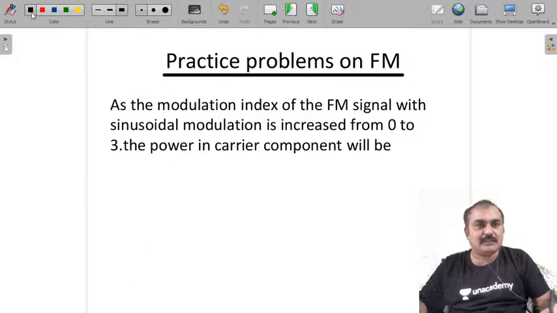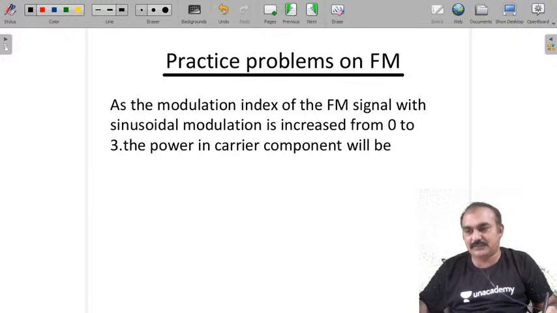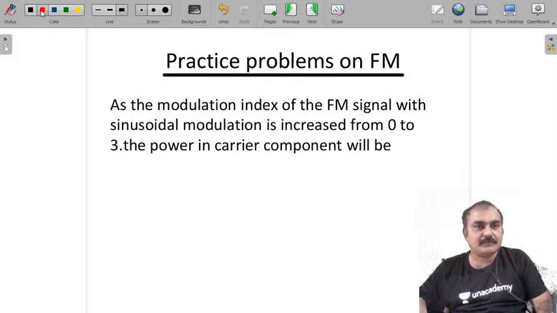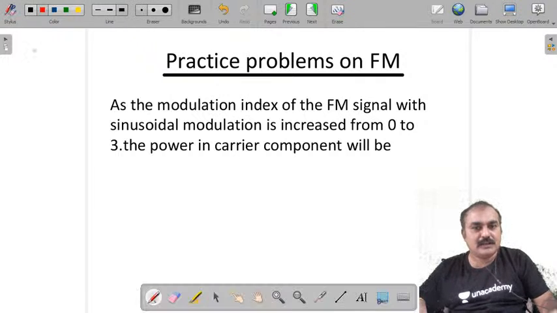See the first question in today's class, which is the continuation of the earlier class, very, very important. As the modulation index of the FM signal with a sinusoidal modulation is increased from 0 to 3, the power in the carrier component is what?